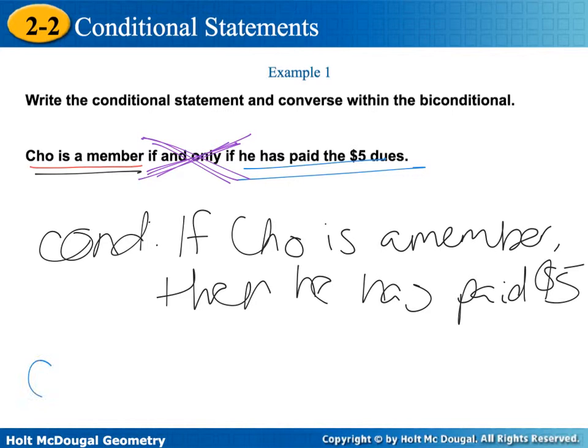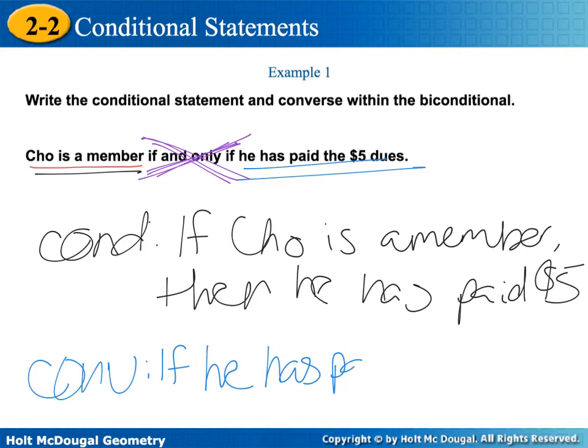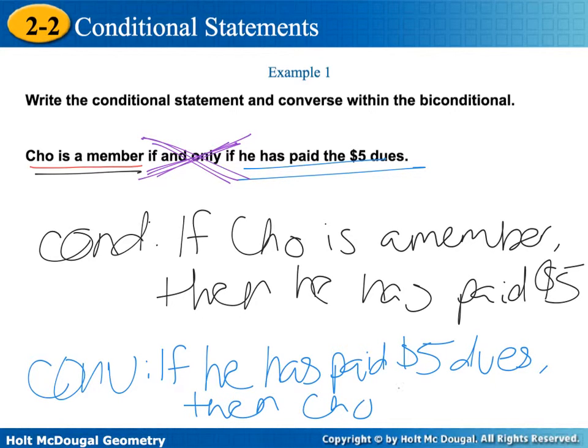Now the converse is you just switch it, okay? So that's why we're combining it with the last lesson, which makes the video a little longer, but we're saving a day of spending another whole day on this stuff. So the converse is you switch it. If he has paid the $5 dues, then Cho is a member.